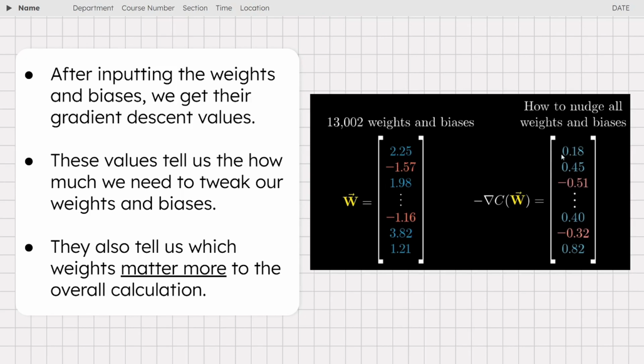What this means is that to find a low cost, we have to increase this weight by 0.18, or in small increments. And the opposite is also true. For this, it would mean that we have to decrease by 0.51, on somewhat of a bigger increment.